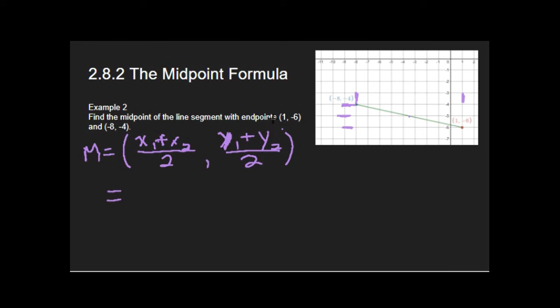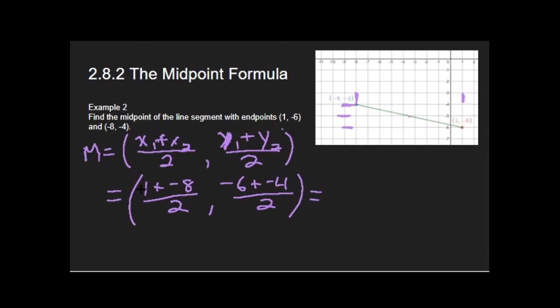So let's go ahead and do this. Our first x is 1, and our second one is -8. 1 plus -8, divide that by 2, comma, y's are -6 and -4, -6 plus -4 divided by 2.